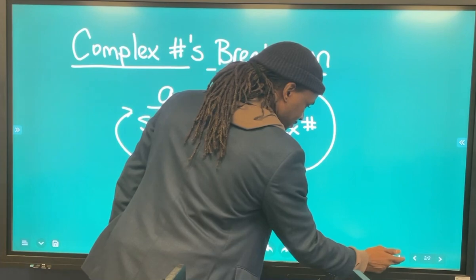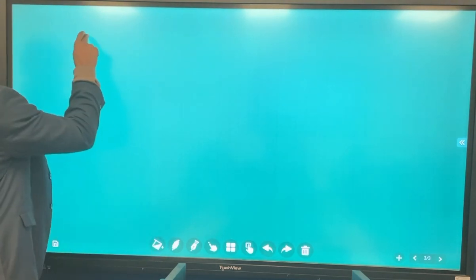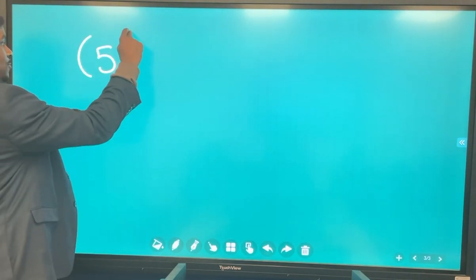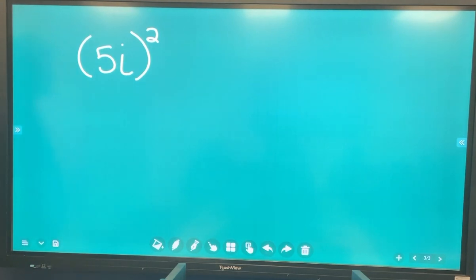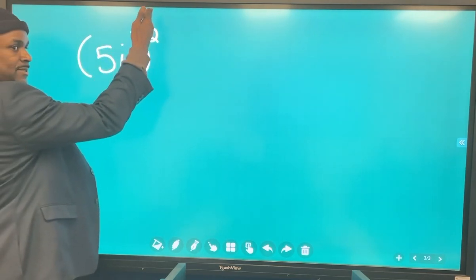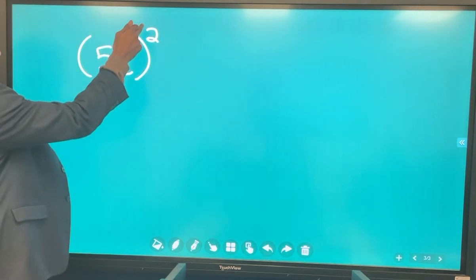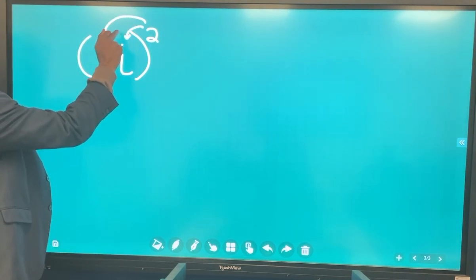Isaac had a question. You asked if you can have a squared number next to the i. Let's say I got 5i to the second power. We know how to solve this one. You have to apply the power to both, correct?